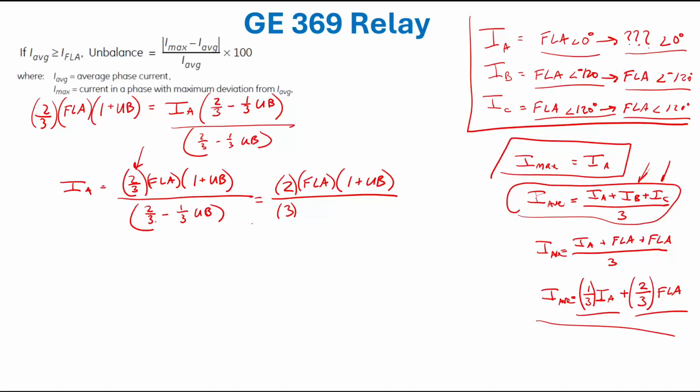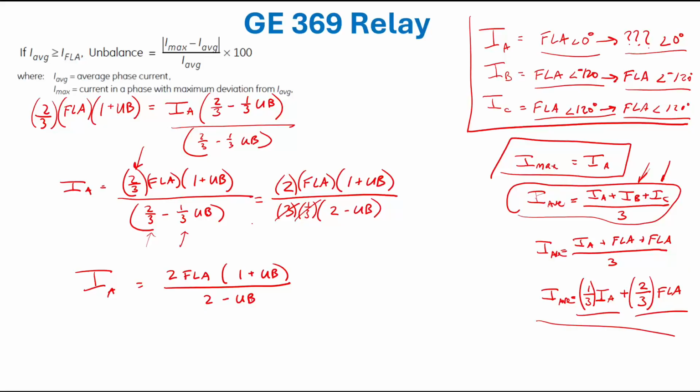And on the bottom, we could just take 1/3 out of both of these, and that'll leave us just 2 minus UB. So this is 1/3 times 2 minus UB. And this third and 3 cancel out. So now we're just left with IA equals 2FLA times 1 plus UB divided by 2 minus UB.